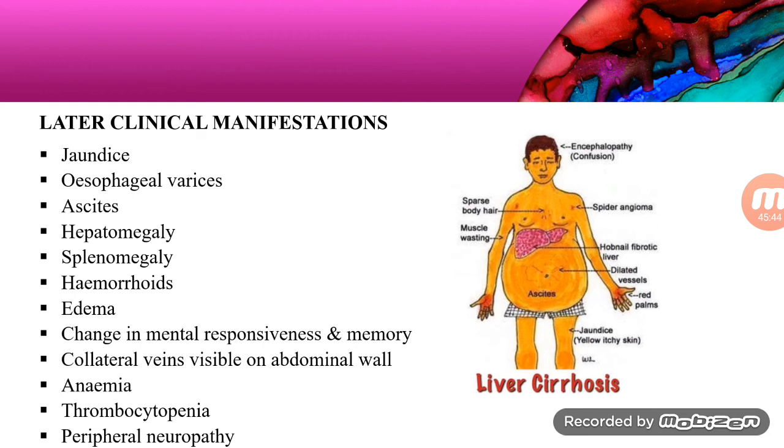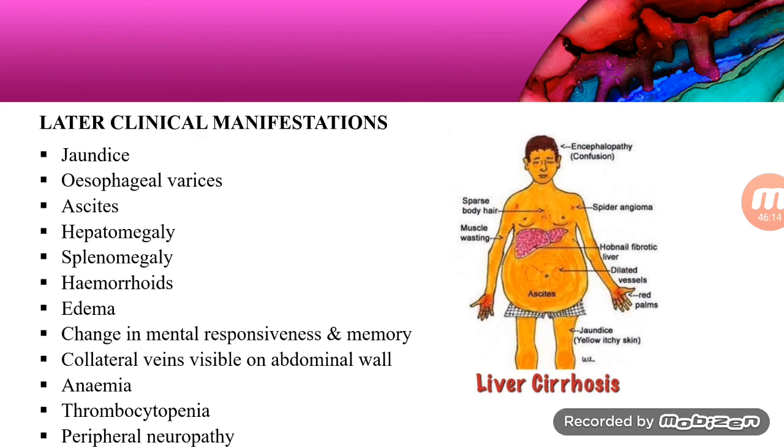Then hepatomegaly, enlargement of the liver. Then splenomegaly, enlargement of the spleen. Then hemorrhoids, which means swollen veins of the rectum. Then edema. Then change in mental responsiveness and memory, so there will be alteration in mental responsiveness and memory.